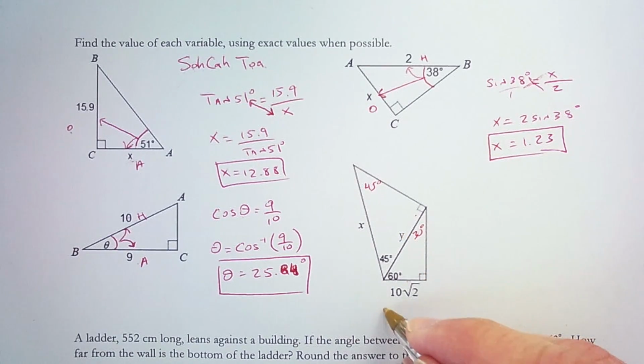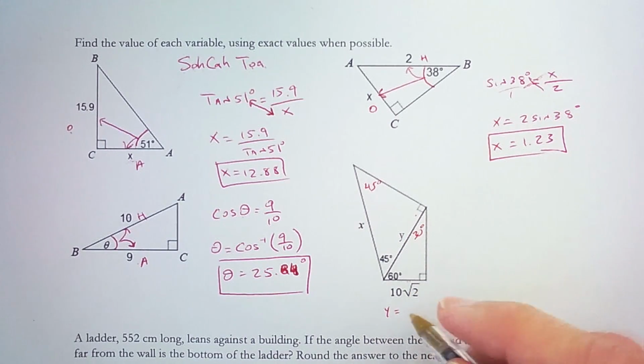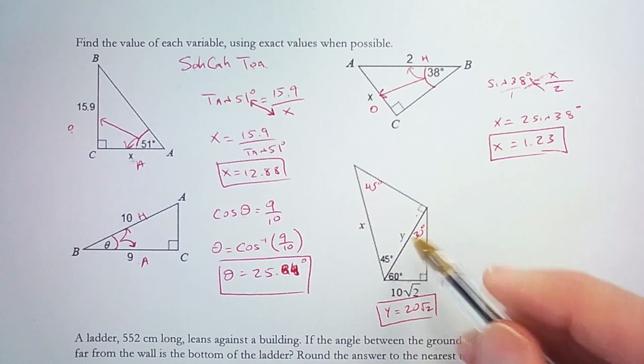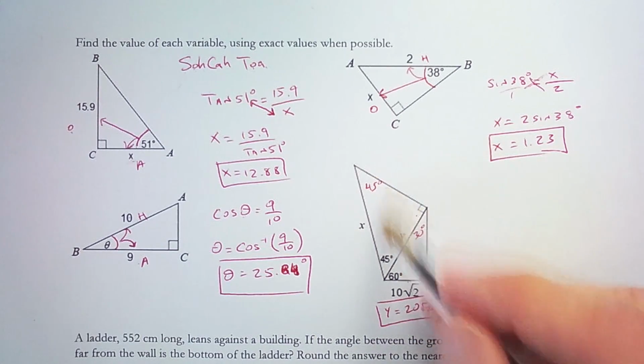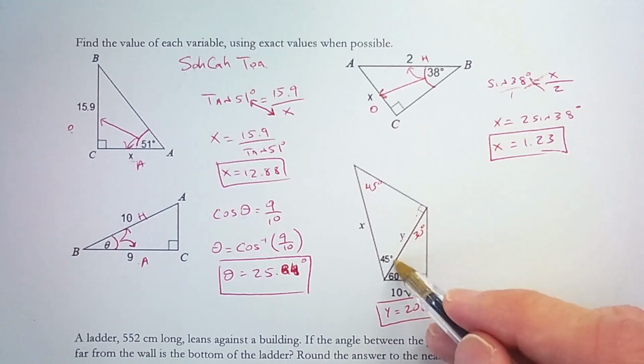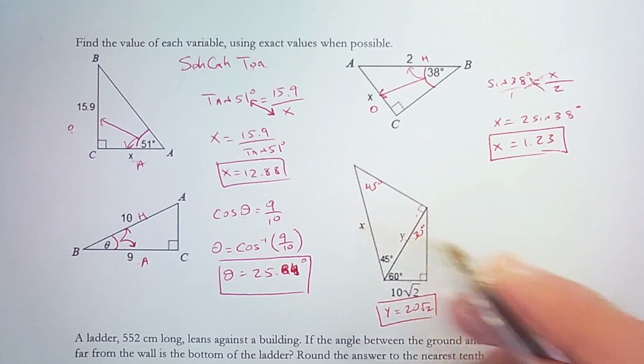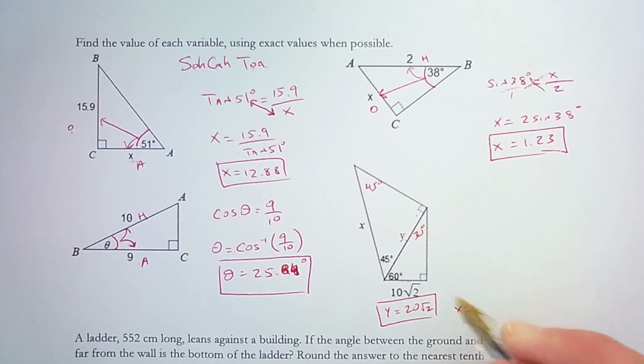So I could say y is 20 root 2, 20 times the square root of 2. I also know that in a 45-45-90, if I take one of the legs and multiply it by the square root of 2, I get x, which means x is 20 times the square root of 2 times the square root of 2, which is 20 times the square root of 4. But I do need to simplify this because the square root of 4 is 2. So really this is 20 times 2. So x is 40.